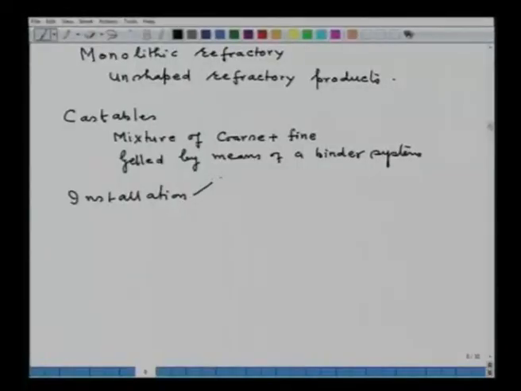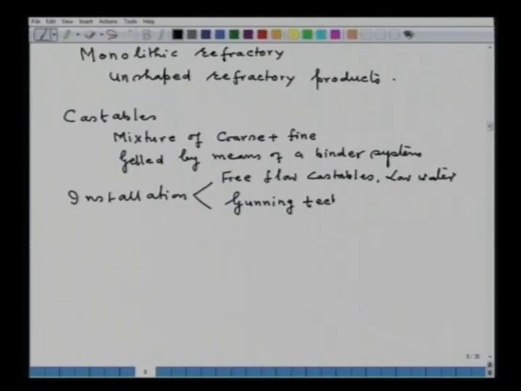Either we have free flow castables, normally with low water content, or some gunning techniques are used.